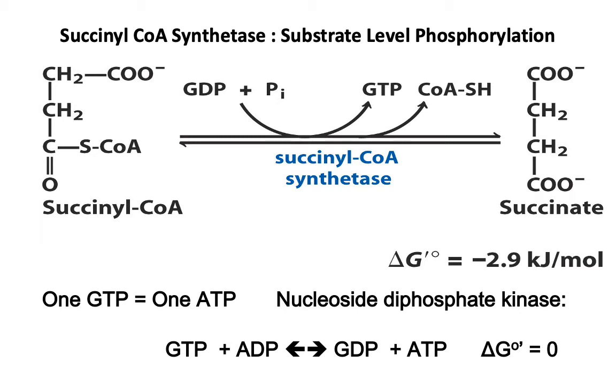And this is sometimes called substrate level phosphorylation because this reaction can actually generate a triphosphate nucleotide directly instead of going through the electron transport or some other process. The other thing to remember is once we've generated GTP, that can be readily converted into ATP because these nucleotides can swap phosphates readily with no change in energy.